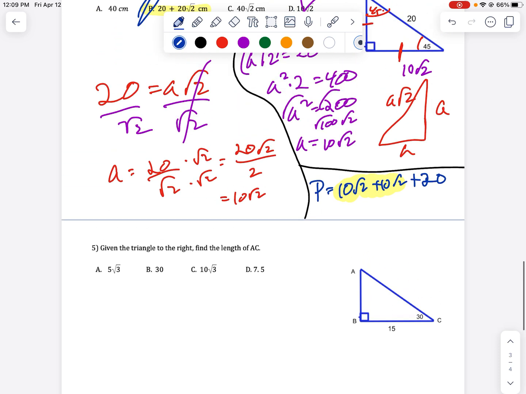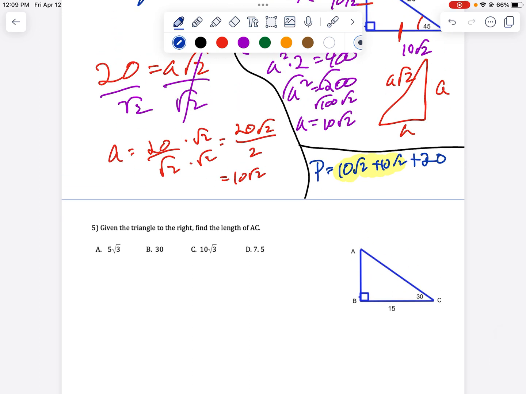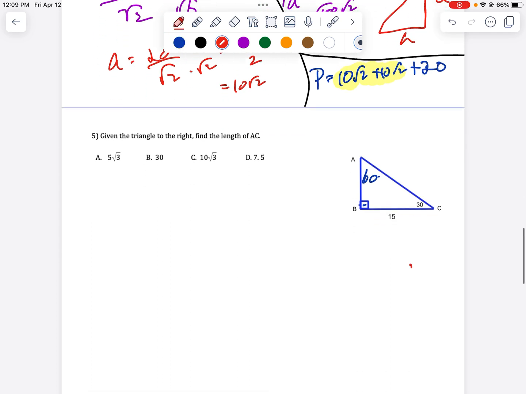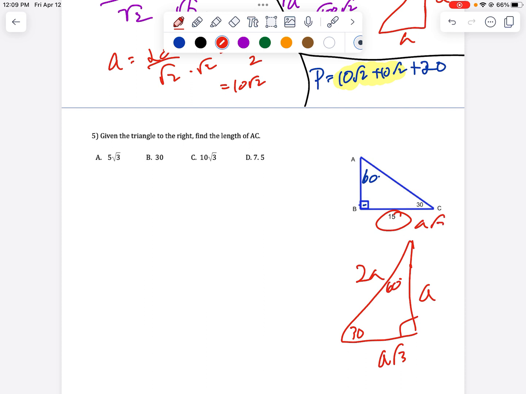Holy buckets, we got one more. All right, last one. 30, 60, 90. A, A root 3, 2A. So that means this is my A root 3 side.